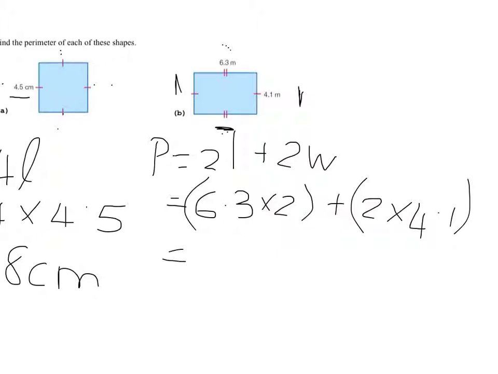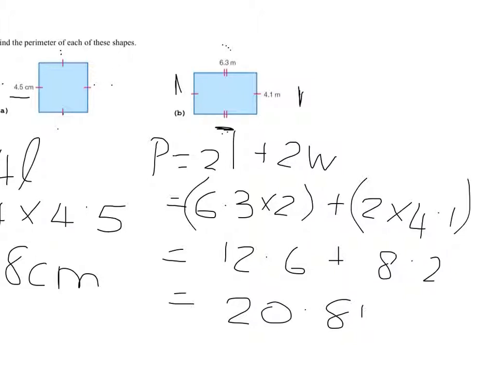All right, so 6.3 times 2 is 12.6. And 2 times 4.1 will be 8.2, I think. Yep, 8.2. And we add those all together, and we get 20.8. And what is it? Meters.